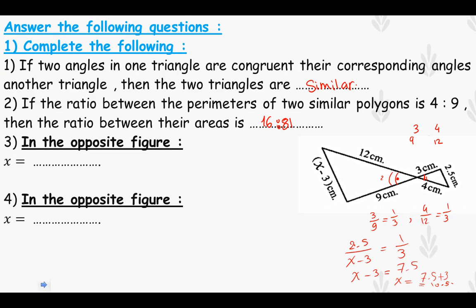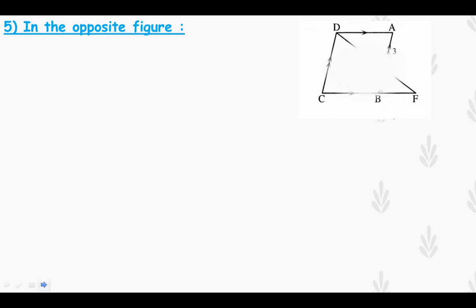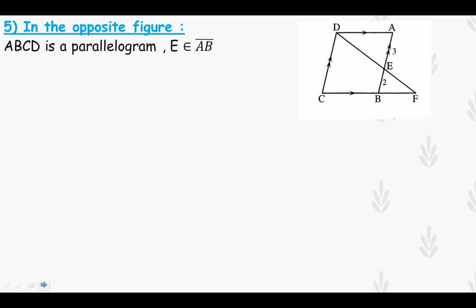Number 4. This is a repetition of example 3. In the opposite figure, the last example, ABCD is a parallelogram.